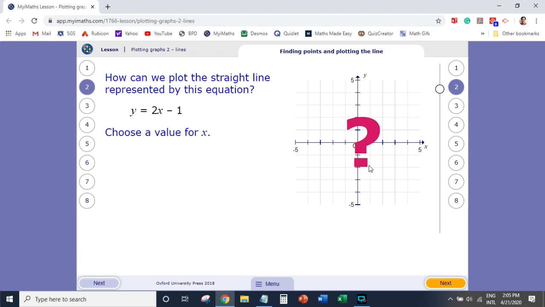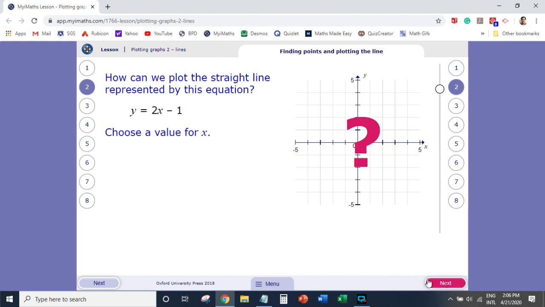It has limited space, up to +5 only on the right and -5 on the left side of the x-axis, and up to +5 only on the upper side of the y-axis and -5 down. So we have to limit the numbers we choose so that we can plot the point within the range of this coordinate plane. So we have to choose smaller numbers, maybe 0 or 1 or -1, but you can use any number. It will still give you the correct graph even if you choose different numbers.